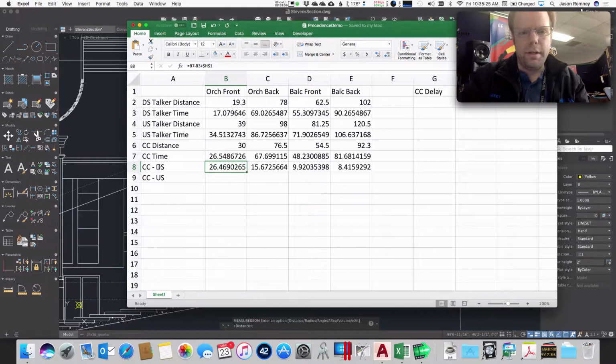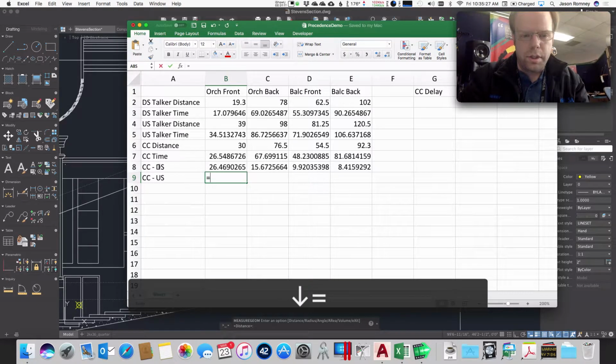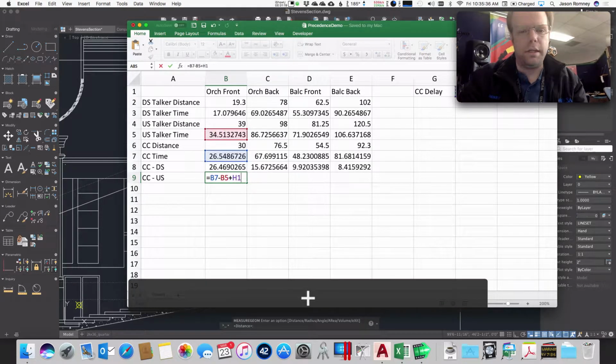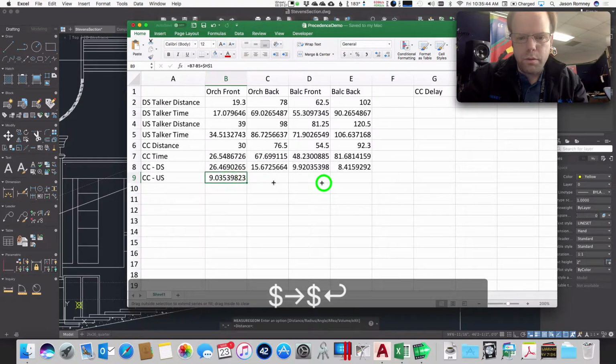So this will equal the center cluster time minus the upstage talker time plus that delay. Let me lock that cell in place so I can copy this over.